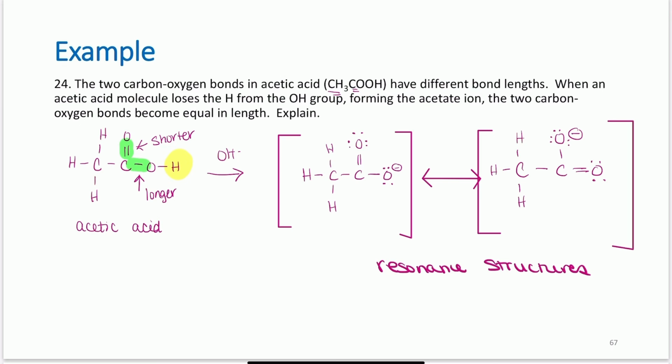They both just help to best represent the actual molecule. The actual molecule is a hybrid of the two. So the best I can draw the actual molecule is where it's a partial double bond between these two oxygens. They are now equivalent. They now have the same length.